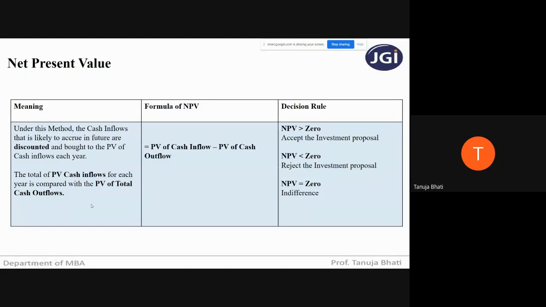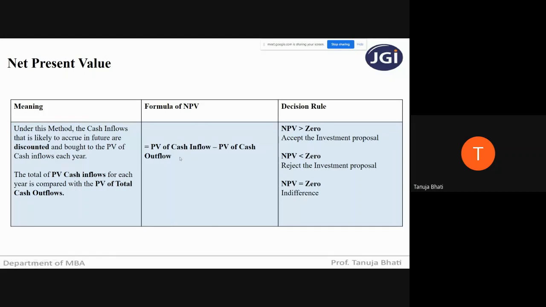So logically you have understood how this formula of NPV is built up. PV of cash inflow minus PV of cash outflow. This is the formula. You will always subtract the outflow from the inflow. Now, if the answer of inflow minus outflow is greater than 0, obviously you are going to accept the proposal because inflow is more.